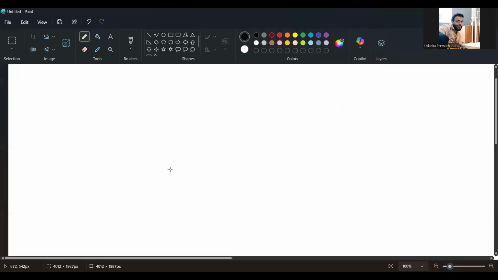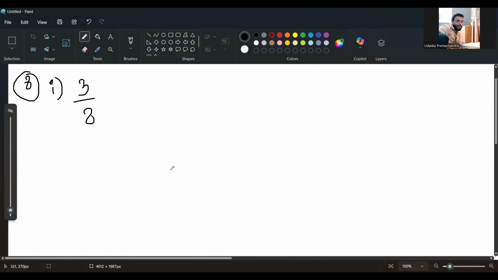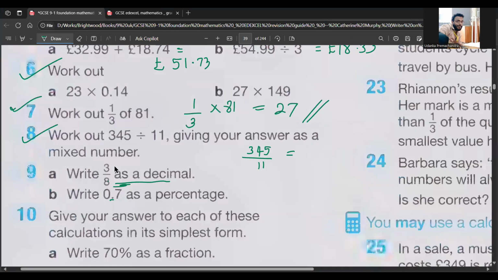The first one, write it as a decimal. When you are writing as a decimal, you have to divide it.